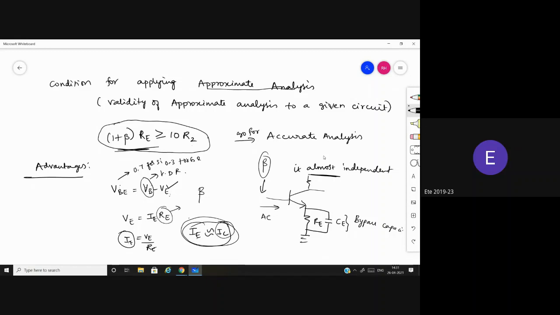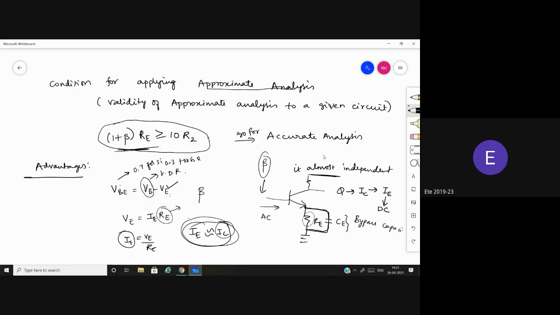See, for the Q point, we need some collector current. This collector current is coming from the emitter current. And what kind of emitter current do we want? We want a DC. If you remove this and try to get emitter current, will you have emitter current? No, sir. Across this, the entire AC will go here and this is going to block DC.